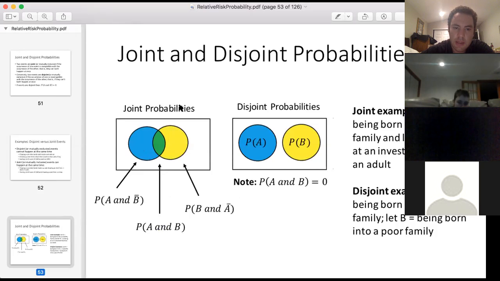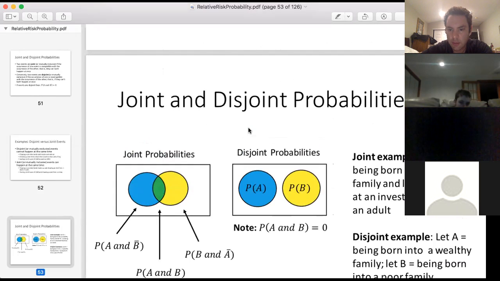We can put it in this Venn diagram and calculate the joint probability, which would be that green region, the students taking both courses. That would be an example of a joint probability. An example of a disjoint probability would be one where there is no overlap whatsoever. So it's just illustrating those two examples.